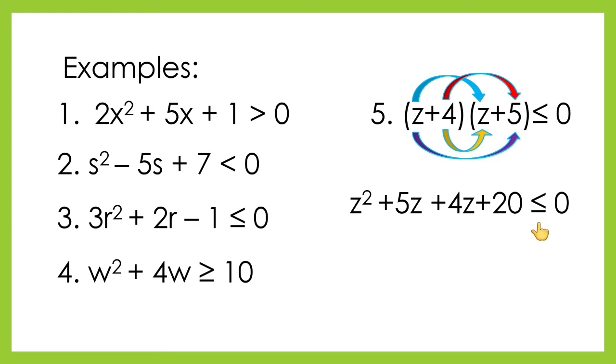Less than or equal to 0. Simplify, z squared and then 5z plus 4z is 9z plus 20 is less than or equal to 0. So, meron na tayong degree 2 and then the inequality symbol less than or equal to 0 kaya siya ay quadratic inequality.